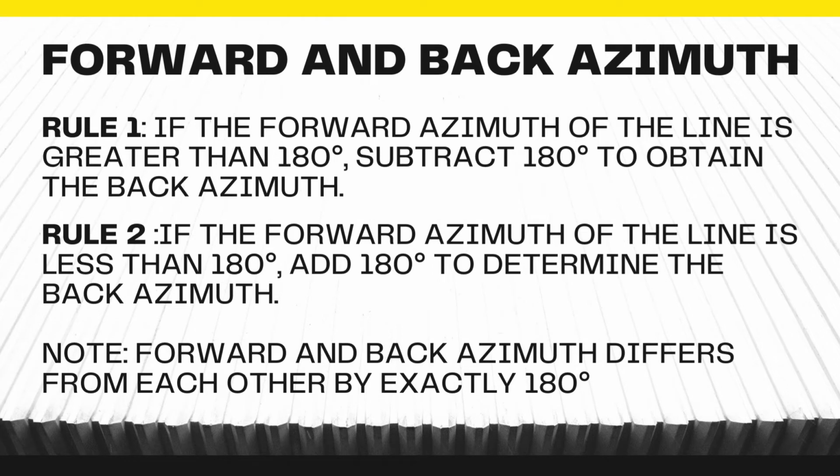And please note that forward and back azimuth differs from each other by exactly 180 degrees. So to better explain the rules that I have mentioned earlier, we will illustrate how to get the back azimuth if the forward azimuth is known or present.